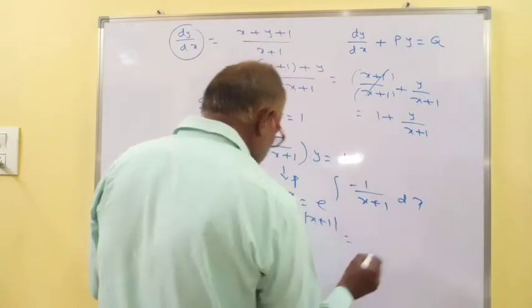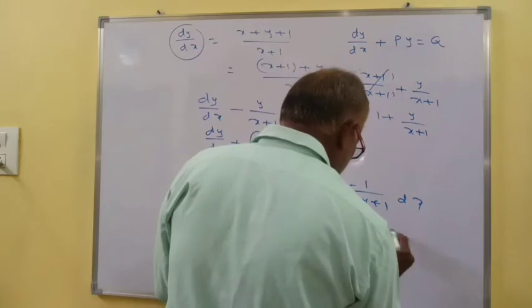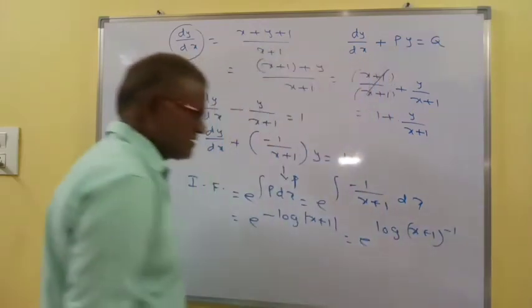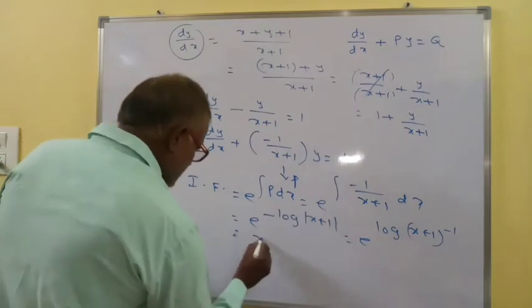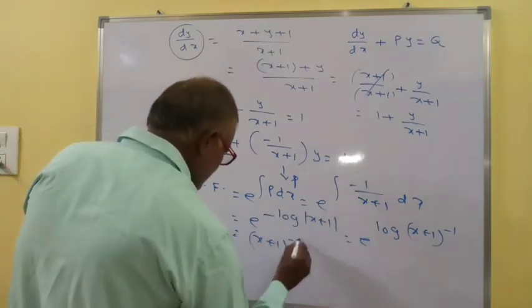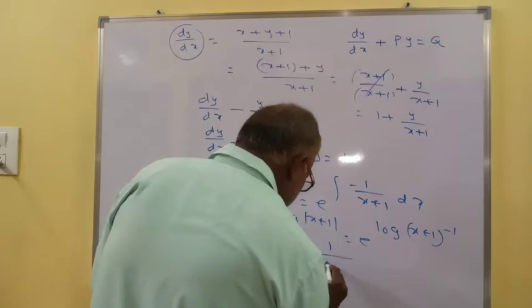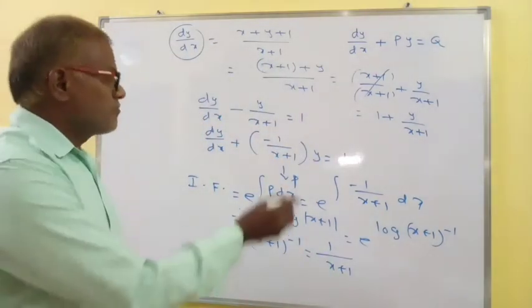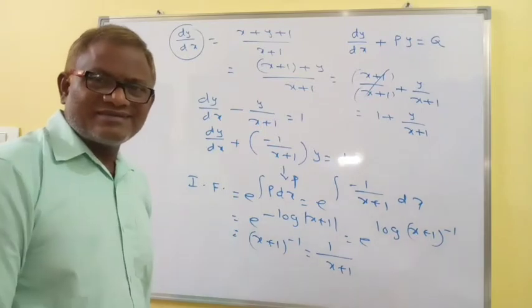This is nothing but e power log of x plus 1 whole power minus 1. So clearly the function is x plus 1 whole power minus 1, which you can finally write as 1 by x plus 1.